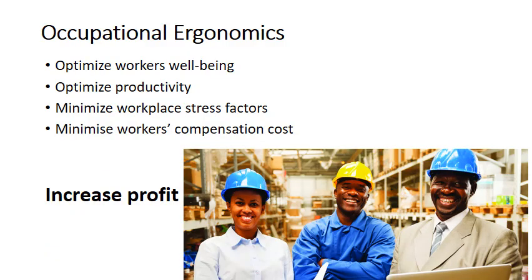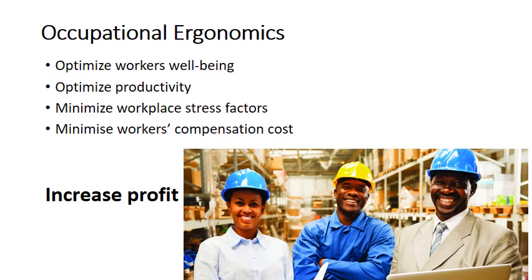In this view, occupational ergonomics can create a win-win situation for both the organizations and the workers. By the science of occupational ergonomics, we can optimize the workers' well-being. At the same time, we can optimize the productivity in the system as well.